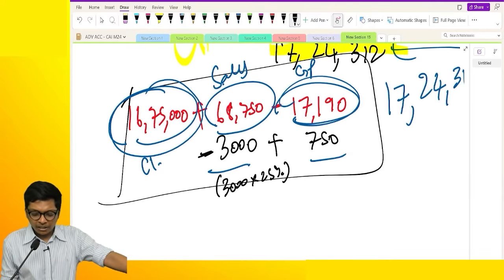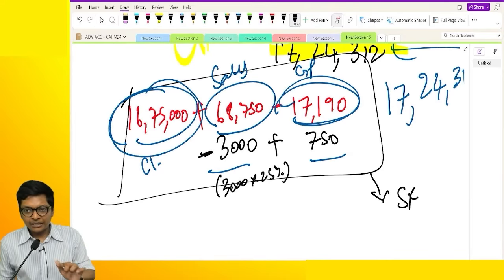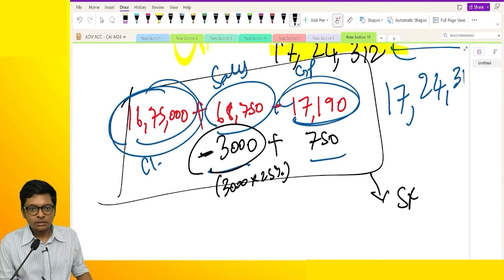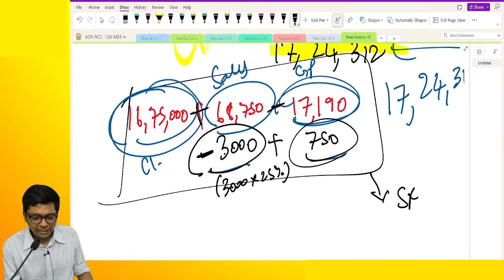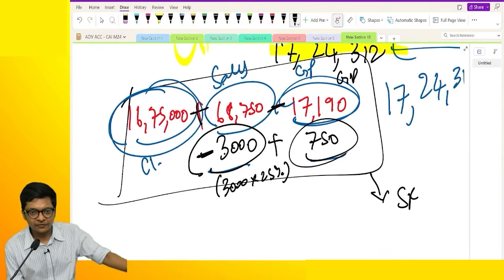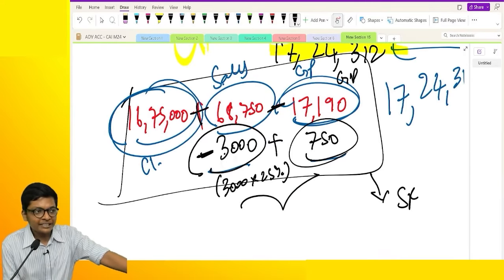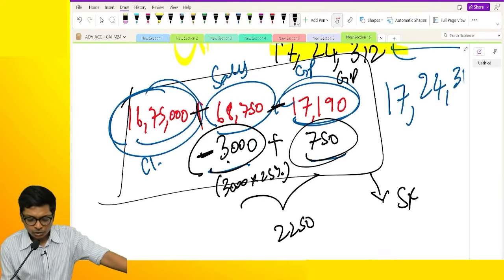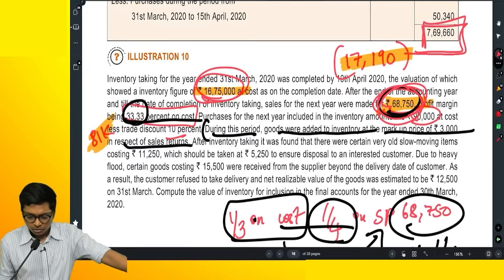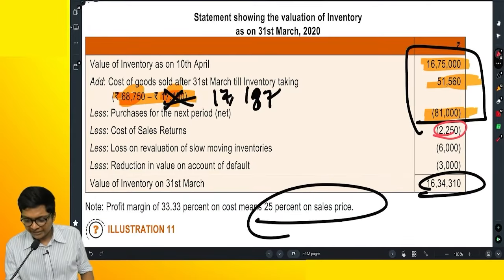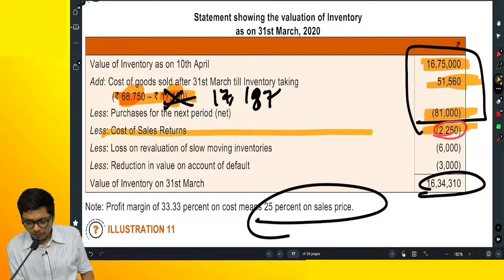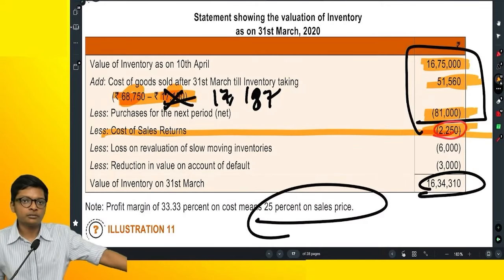So what did he ignore? He adjusts that separately. See, if sales is added, sales return is minused. So the gross profit on this is added back, because usually you reduce gross profit. So I add back 750. So the net of 3,750 is being reduced. That's why you have the next adjustment. 2250 reduced. No breakup, nothing. Direct, and full stop.